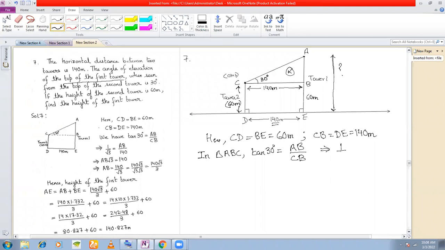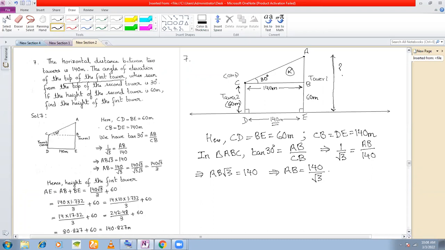So tan 30 is 1 by root 3 is equal to AB by CB, which is 140. So if you cross multiply now, you get AB root 3 is equal to 140, right? So you get AB is equal to, you divide both sides by root 3, AB is equal to 140 by root 3, right?